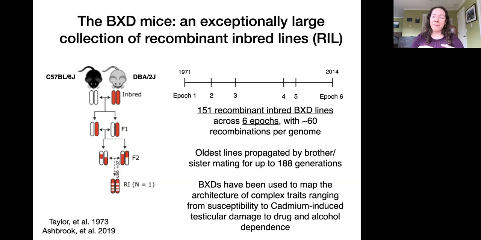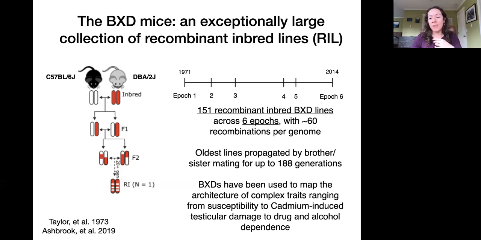It was sort of fun for me to read a bit of a survey of the types of traits that have been mapped using the B by Ds, things ranging from cadmium-induced testicular damage to various kinds of drug and alcohol dependence.